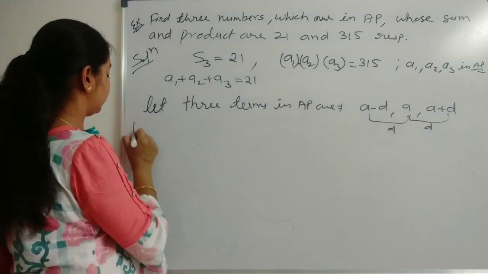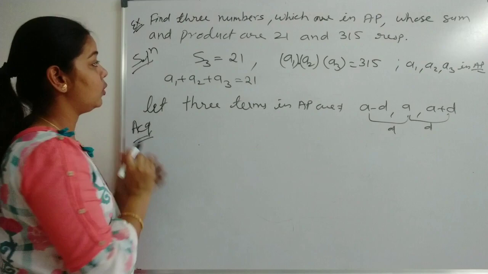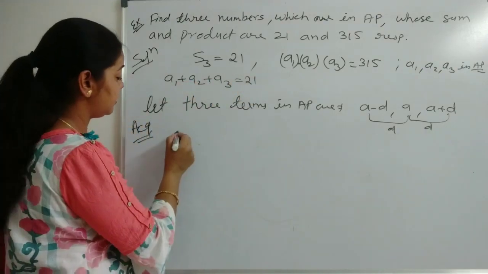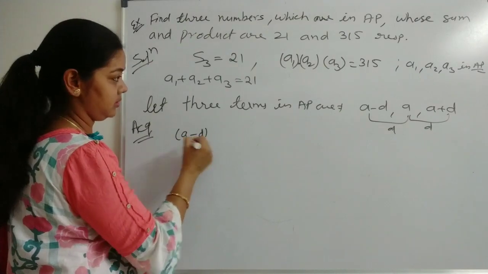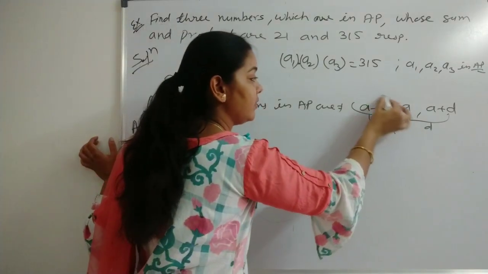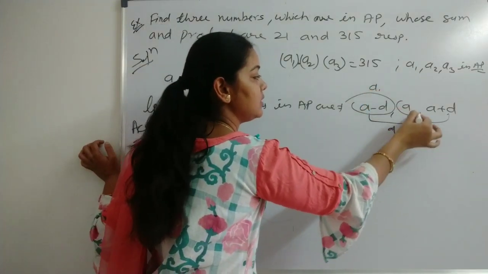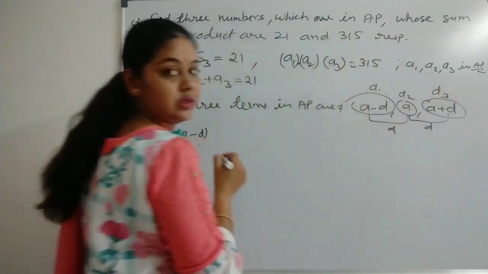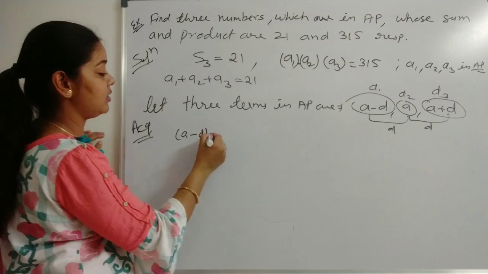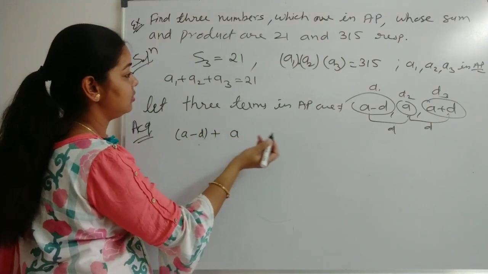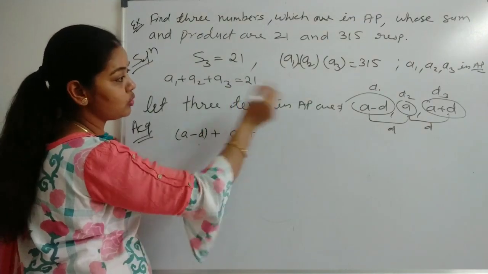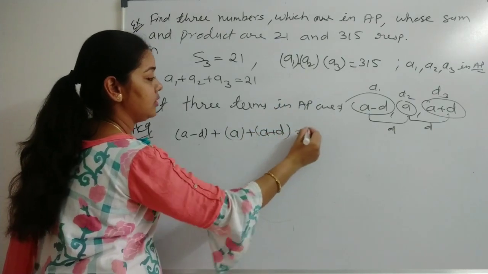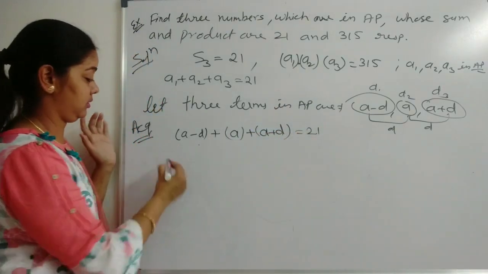Now according to the question, the sum of three terms is 21. Now this is our A1, this is our A2 and this term is A3. A1 plus A2 plus A3: A minus D plus A plus A plus D. Sum is 21.